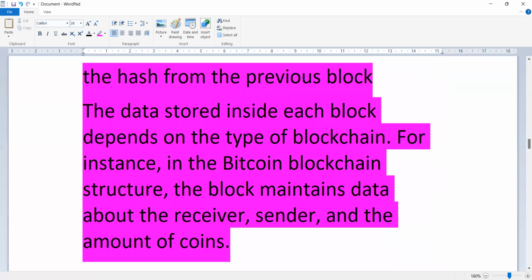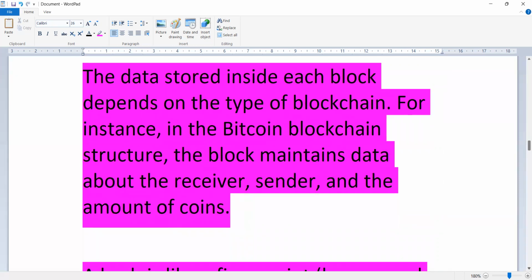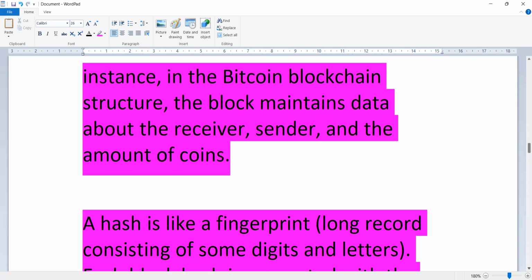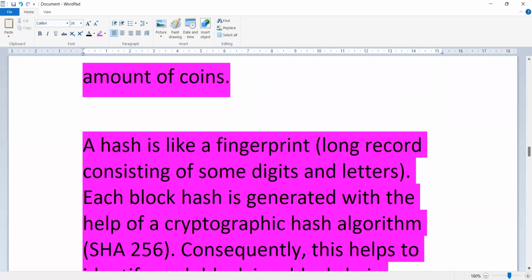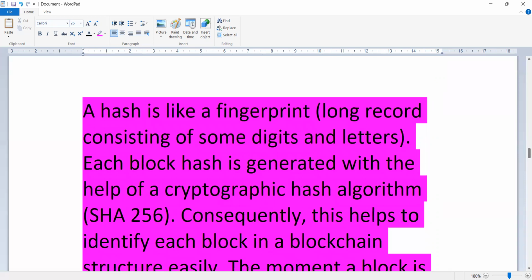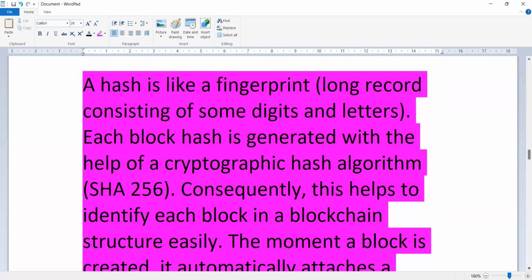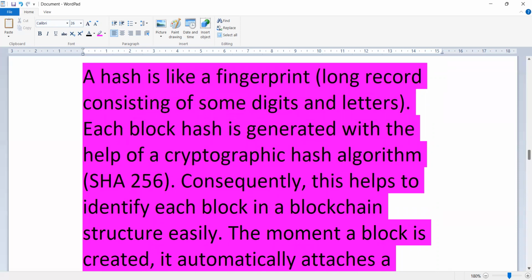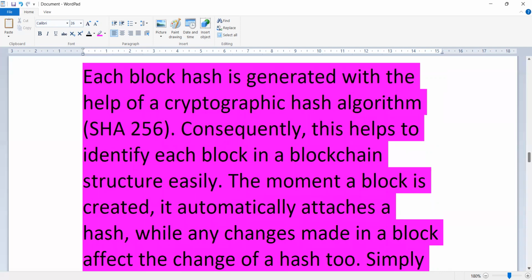For instance, in the Bitcoin blockchain structure, the block maintains data about the receiver, sender, and amounts of coins. A hash is like a fingerprint, a long record consisting of digits and letters. Each block hash is generated with the help of the cryptographic hash algorithm SHA-256.